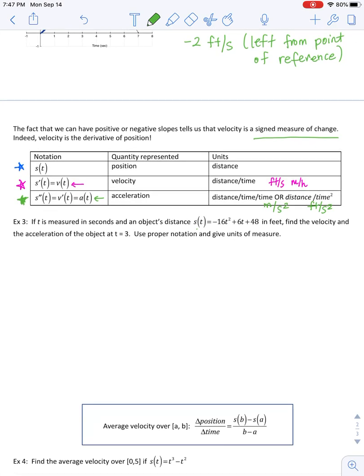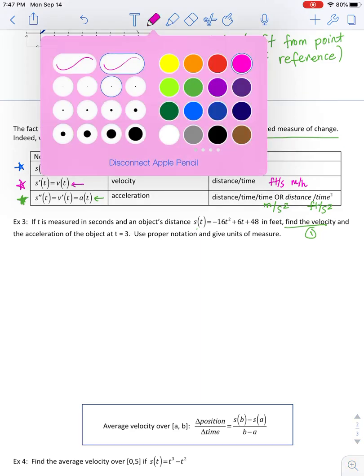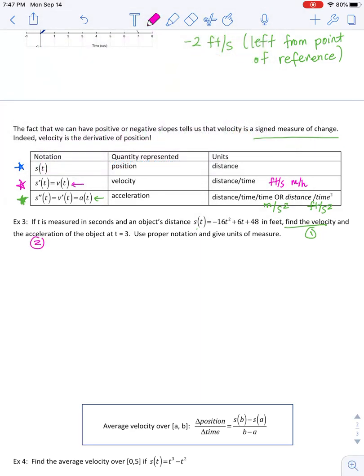So I am supposed to find the velocity and the acceleration. So I want to make sure that I'm paying attention to both directions here. Okay, and then I'll do my work accordingly. So what I'm going to write down first to find velocity is S prime of t, which is velocity, and I'm going to take the derivative of the function given, negative 32t plus 6.